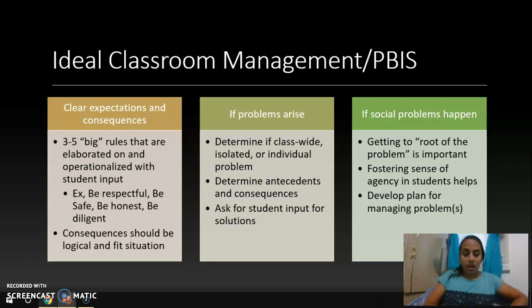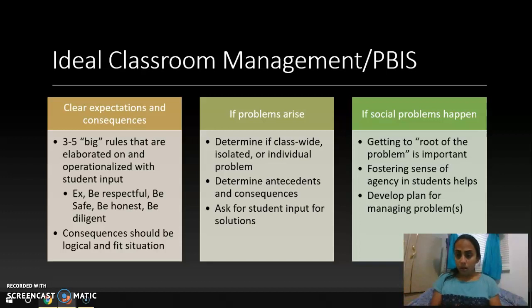And as always, ask for the student's input for solutions. Helping students think through what happened and having them be part of the solution is very important for them to learn the self-awareness and self-regulation skills that they need.